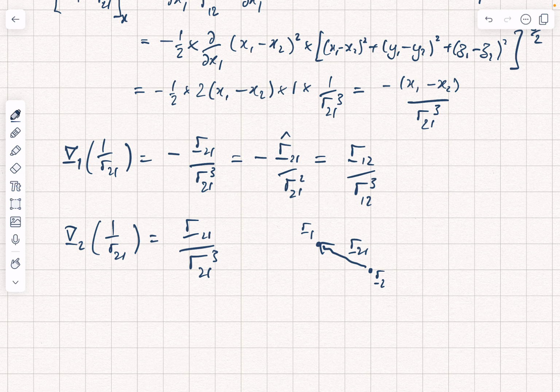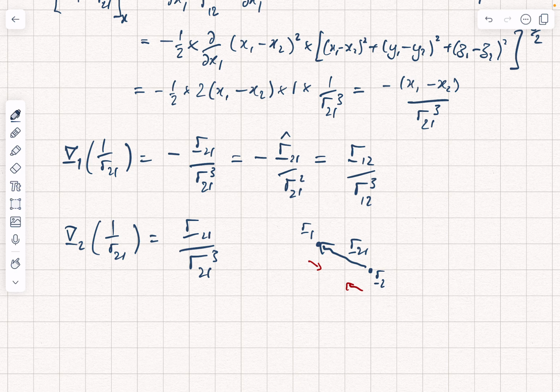We're differentiating a magnitude, so of course it doesn't actually matter where we put them in space, and so differentiating with respect to R2, if R2 moves inwards, that will be equivalent to R1 moving outwards, and so of course they have to have an opposite sign.